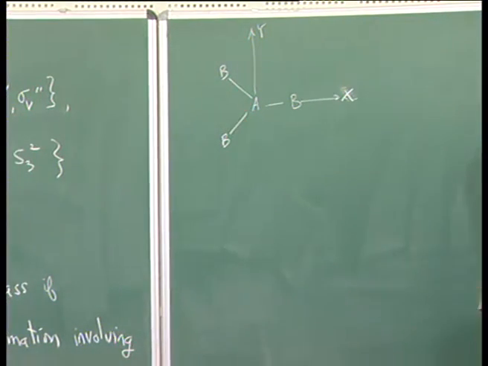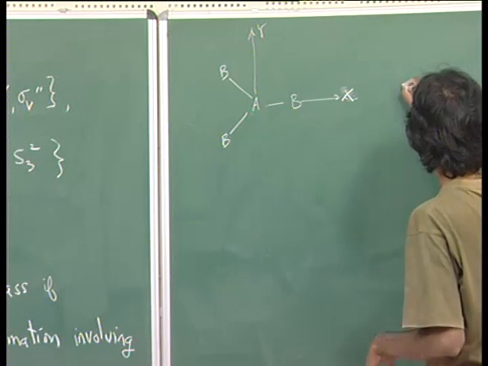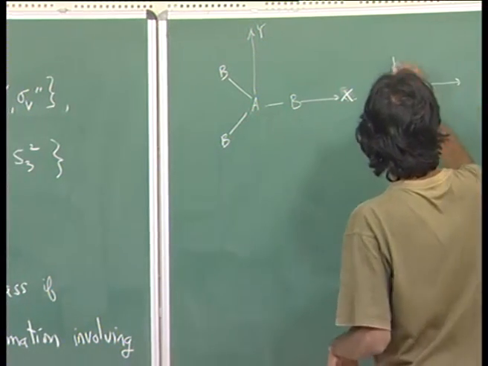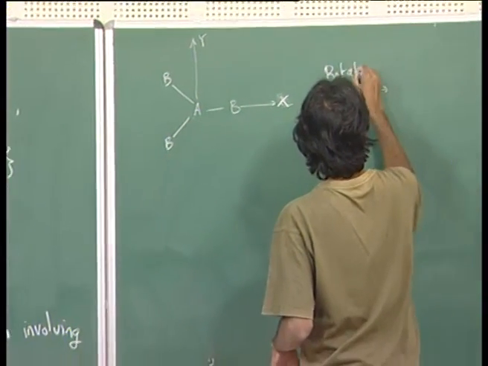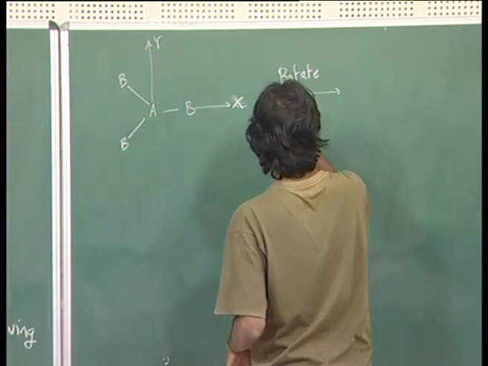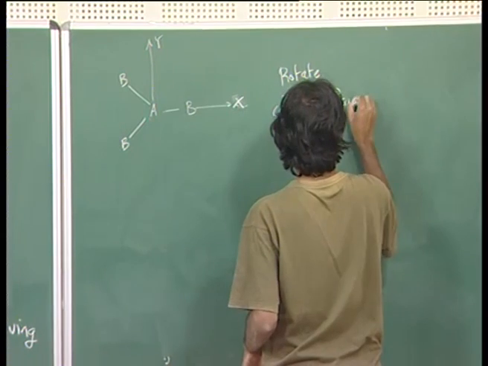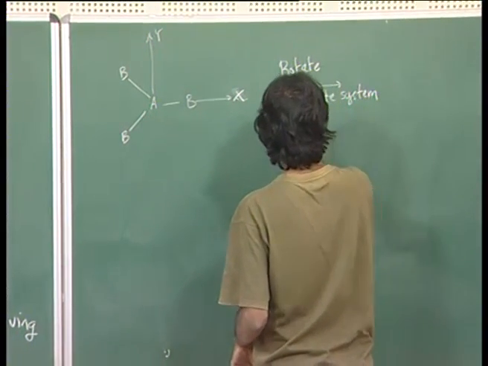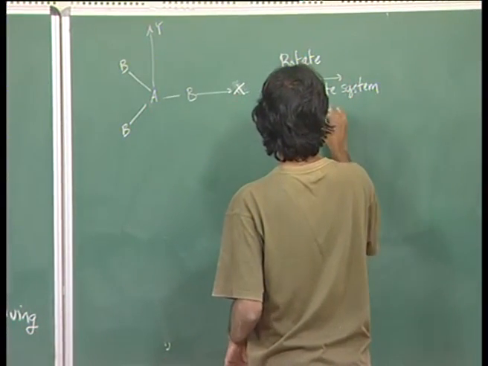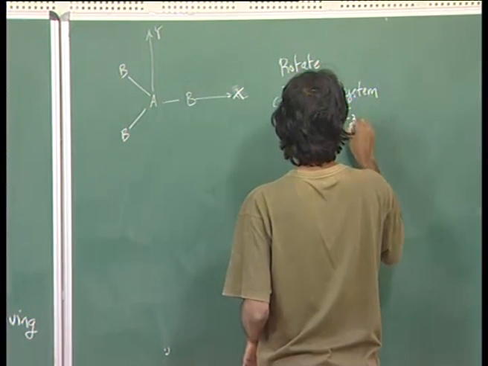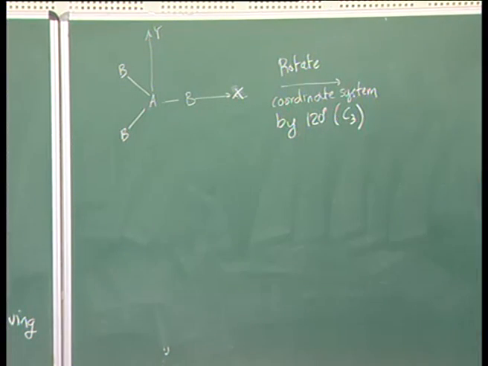So, now if I rotate the coordinate system by 120 degrees, or C3, so 120 degrees about the z axis.